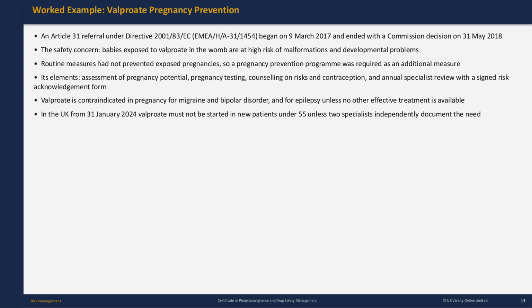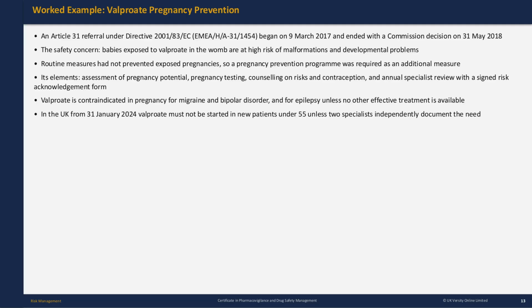Worked example, Valproate pregnancy prevention. An Article 31 referral under Directive 2001/83/EC, EMEA HA 311454, began on 9 March 2017 and ended with a Commission decision on 31 May 2018. The safety concern: babies exposed to Valproate in the womb are at high risk of malformations and developmental problems.